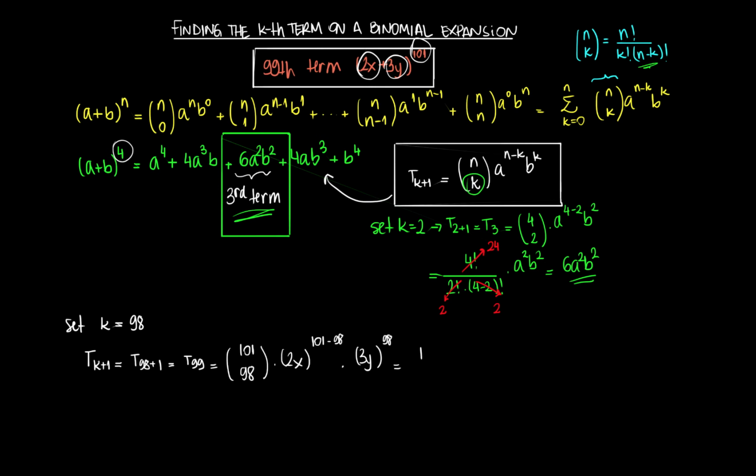So we have this very large number, 101 factorial over 98 factorial times (101 minus 98) factorial, times (2x) to the power of 3, which is 101 minus 98, times (3y) to the power of 98. And this is the 99th term of this expansion. It's going to be a really large number, because of these factors, but this is definitely the 99th term of this expansion.